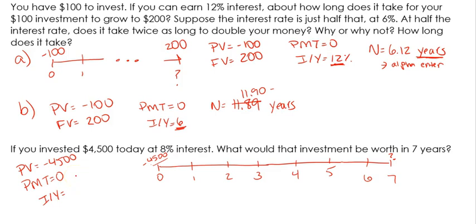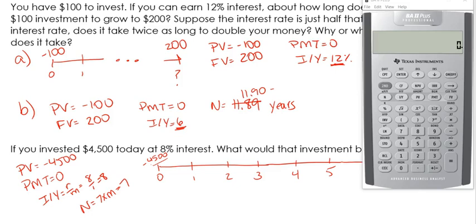This is compounded annually, so our compounding frequency is 1. So that's just 8%. Our N is 7, again, because we have annual compounding, so that's just 7 because our compounding frequency is 1. Remember, it's N times M. So if we put that into our calculator, we can solve this problem.